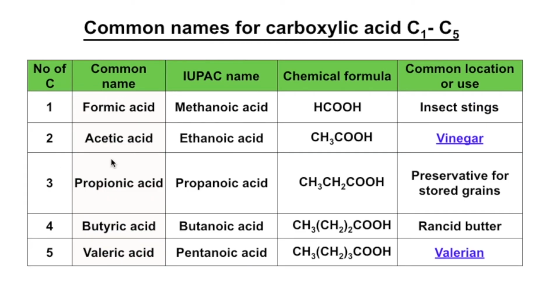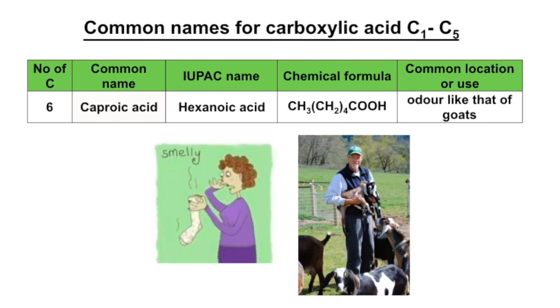So there we have five common names for carboxylic acid, but we also have common names for other numbers of carbons, such as hexanoic acid, containing six carbons, whose common name is caproic acid, and this caproic acid refers to an odor like that of goats.